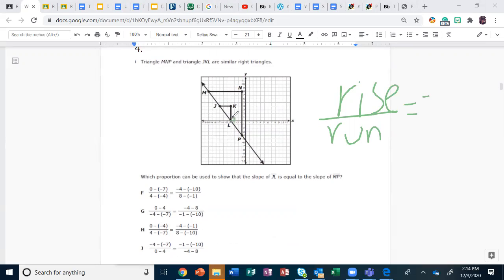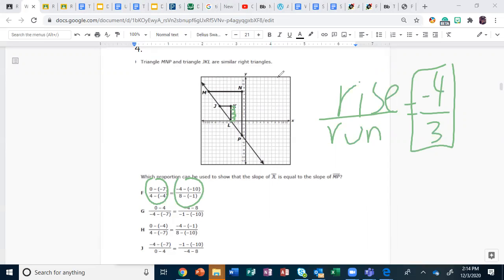We count 1, 2, 3, 4. You were right. How much do we run? 3, correct. So that means that we should get -4 over 3 on this side, but also on the other side of this hot mess, right?